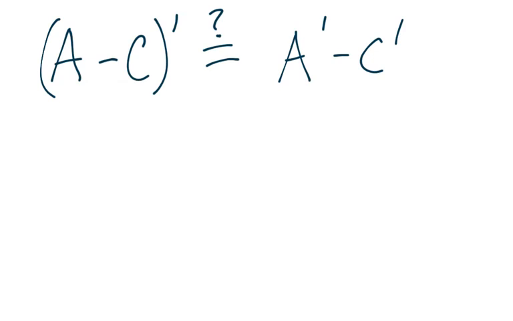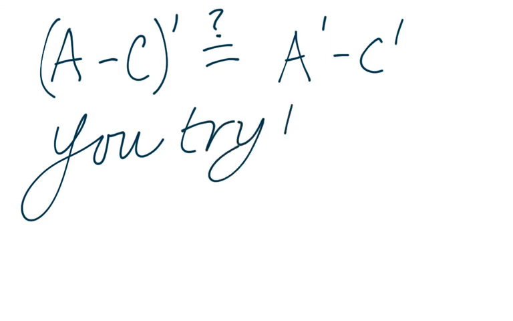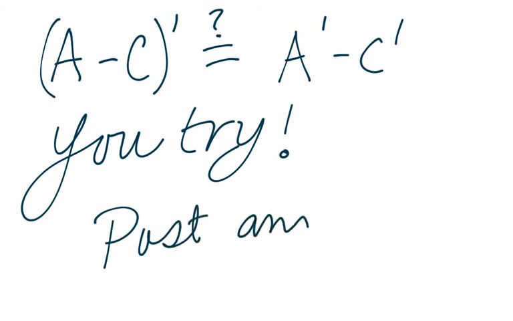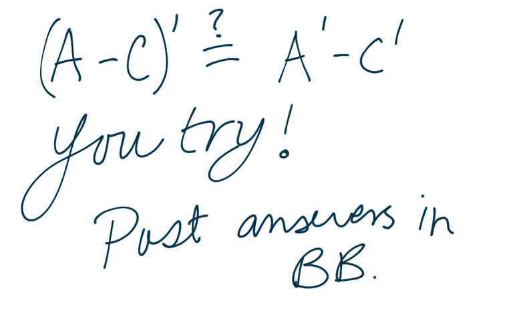The last part of the shading part of the notes, there's a couple of things that I'm asking that you try on your own. Try those on your own, but then I will post answers in Blackboard. So you can check your answers after you've tried it on your own, or you can post them to the discussion board and discuss it with your classmates.